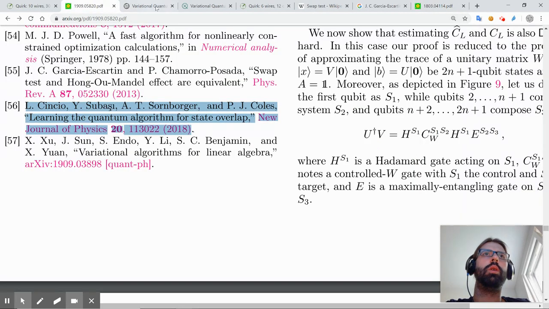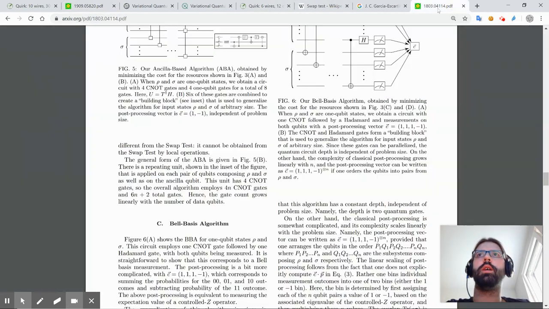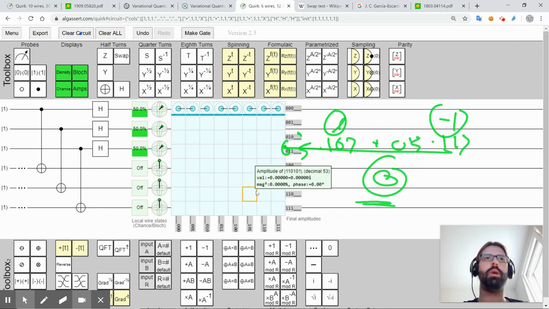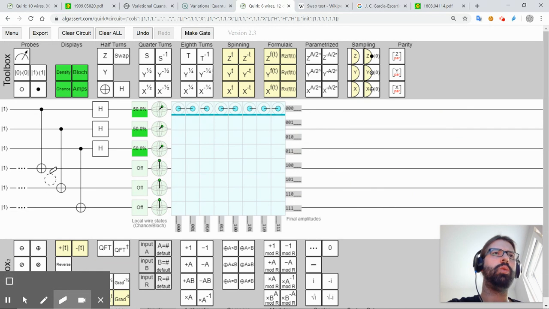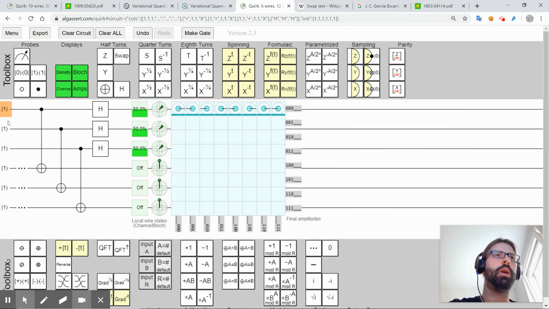So let's say that I've got these in here. So this is a more optimal version of the swap test. So if you do these, now they're parallel, right? Like they're equal. So what are the probabilities?